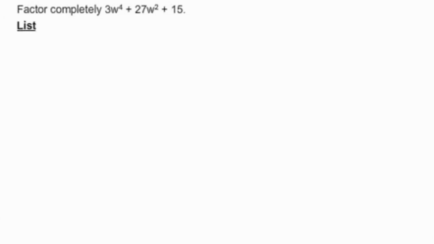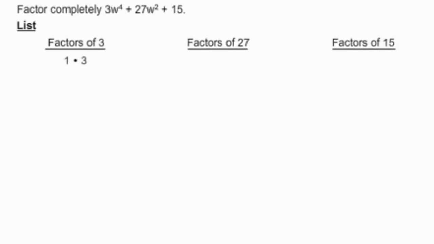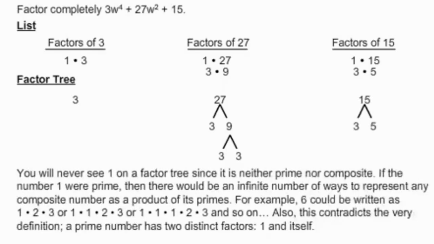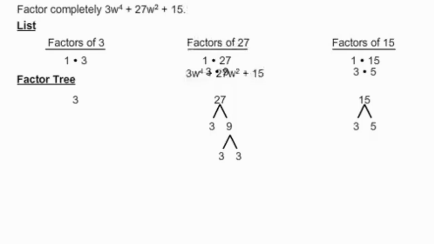You may make a list, or you may create a factor tree. The factor tree factors any composite number into its unique product of prime numbers. Notice that 1 is not included on the factor tree. The greatest factor that all 3 lists and all 3 factor trees have in common is 3.